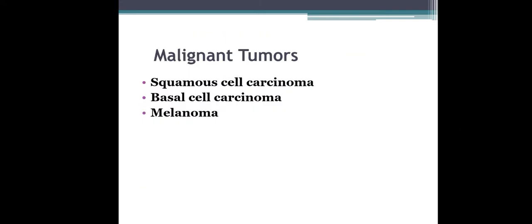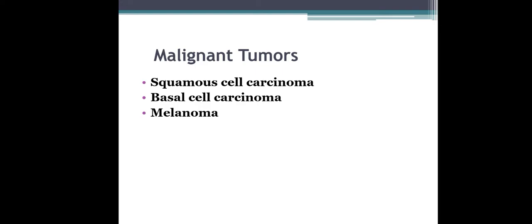Now moving on to the malignant tumors of skin. You have 3 malignant tumors that have been included in the syllabus. We have already seen squamous cell carcinoma, basal cell carcinoma, and melanoma. But you have to know that there are a lot of other malignant tumors of skin, like sebaceous carcinoma, porocarcinoma, plenty of appendageal tumors.